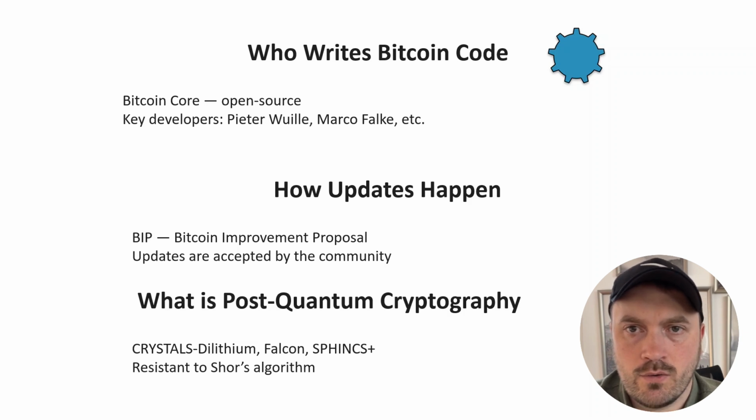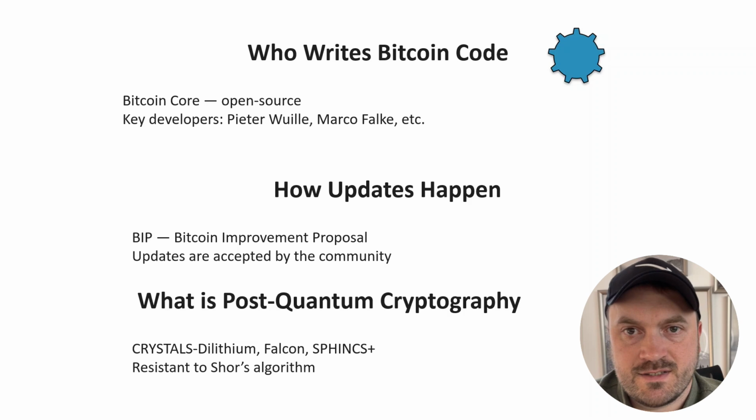They are well-known programmers and cryptographers. For example, Peter Thiel, Vladimir van der Laan, Marco Falke, and others. No one controls Bitcoin alone. It is a decentralized community that decides the future of the project through discussion and consensus.